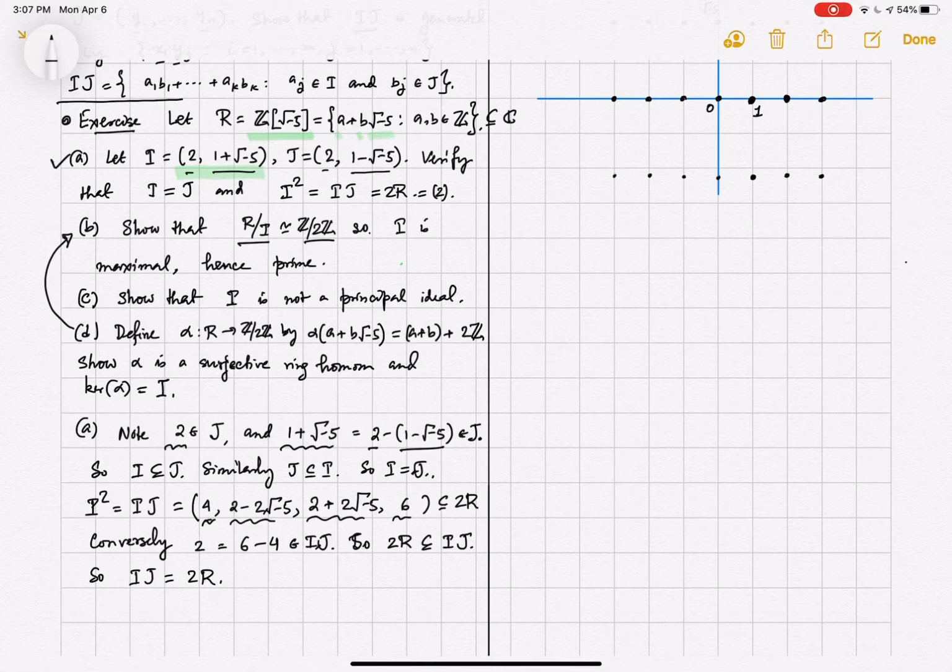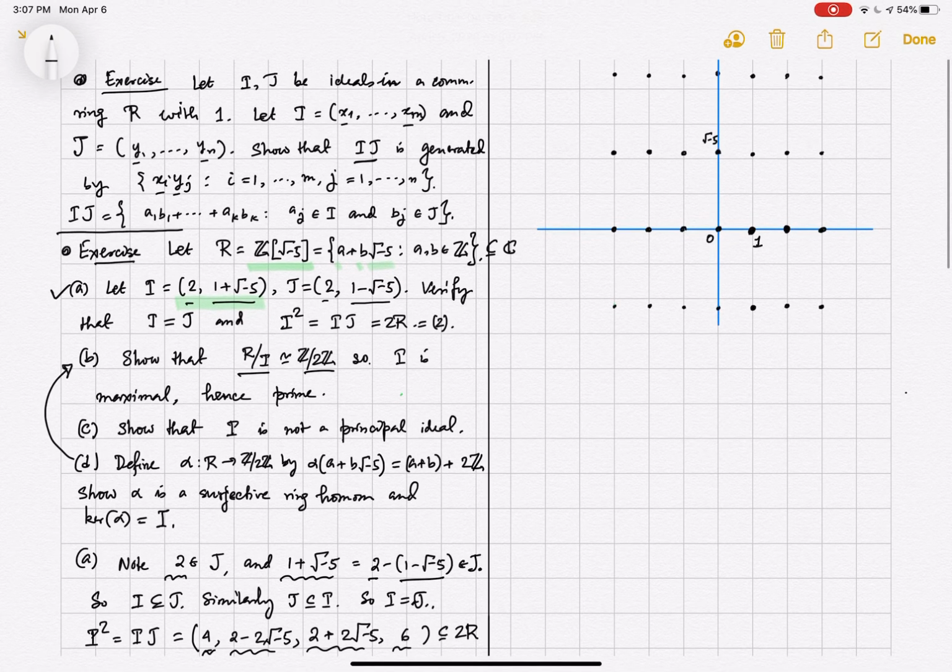So let's just check that alpha is a surjective ring homomorphism. I have to check that alpha of a plus b square root of minus 5 plus c plus d square root of minus 5 is equal to alpha of the first thing plus alpha of the second thing. And this is just straightforward.